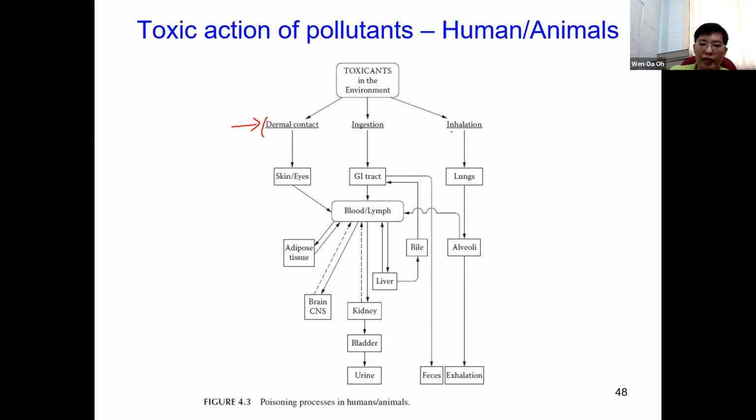For example, inhalation usually goes to the lung, which leads into the alveoli, and then goes to our cardiovascular system. Dermal contact also goes into the cardiovascular system. If it's ingestion, it goes into the liver. It prefers to go to the liver first for detoxification, and only after that does it travel around the body, right?